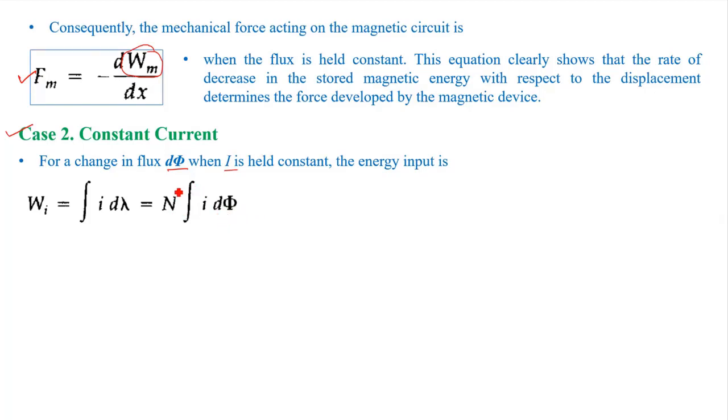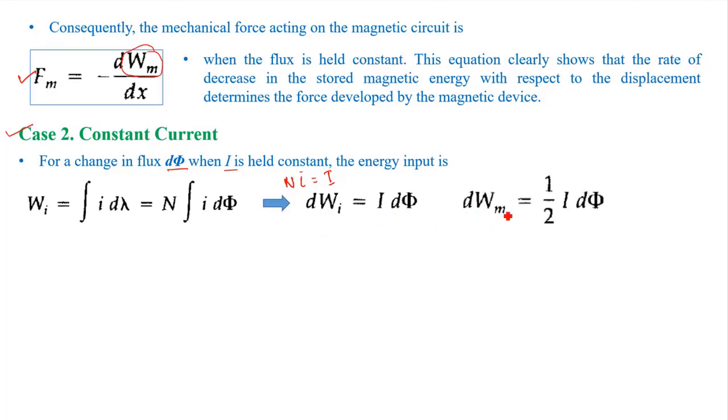So phi is variable and I is constant. So I can write this equation as dWi equal to I d phi. Because I is a constant, I can take it as capital I. So dWi will become equal to I d phi.